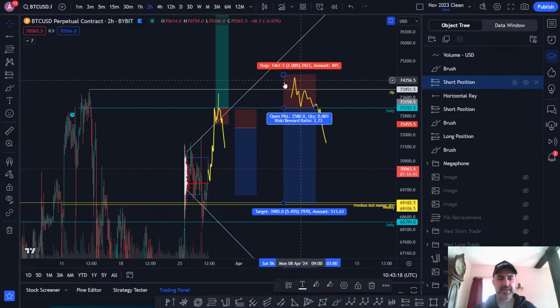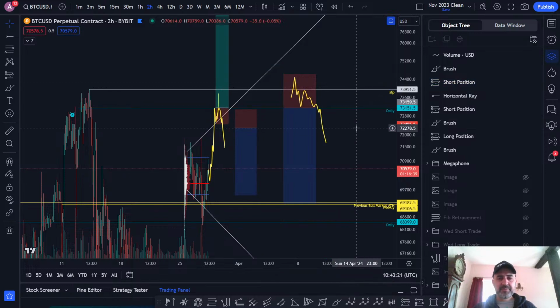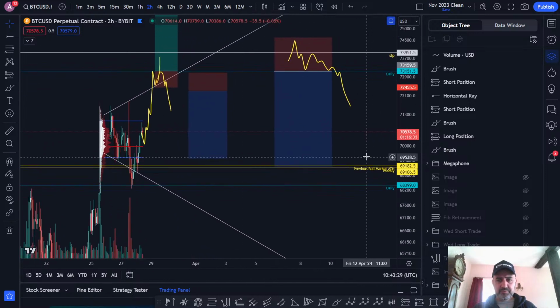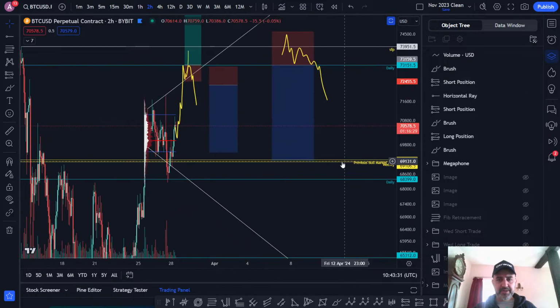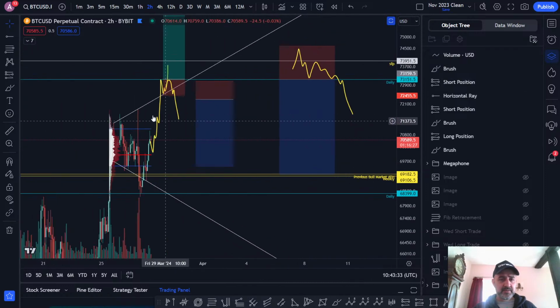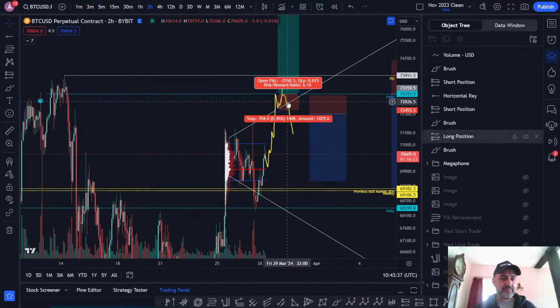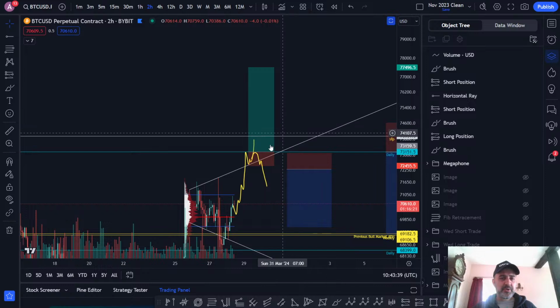The pivot that's been put in. That looks pretty bearish if that was to happen. That would be the all-time high, the current all-time high, and then you would probably target this previous bull market all-time high down here.